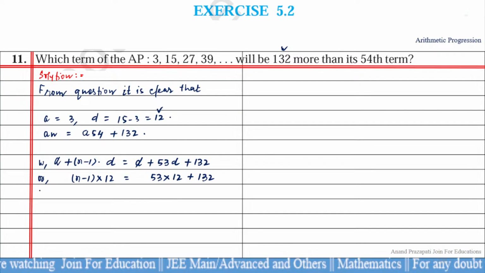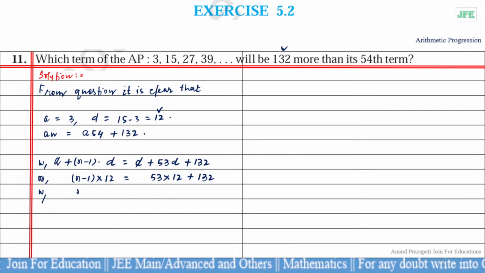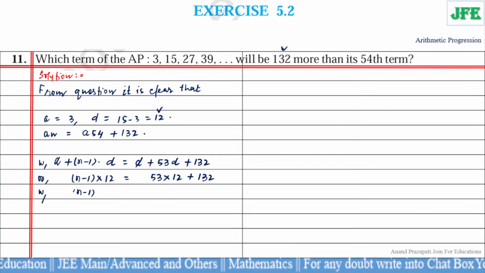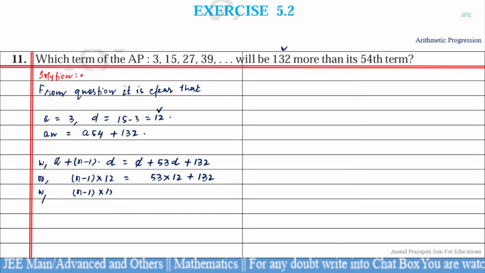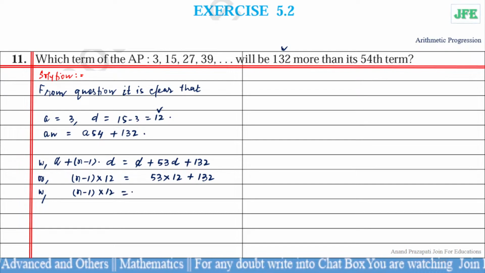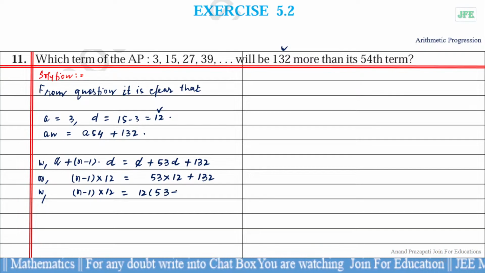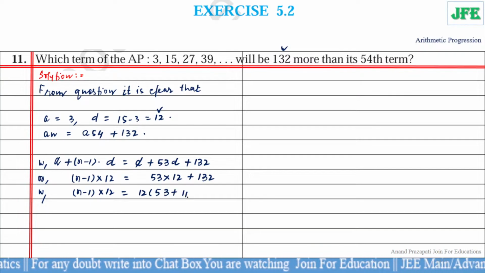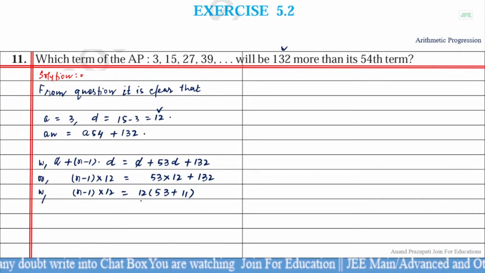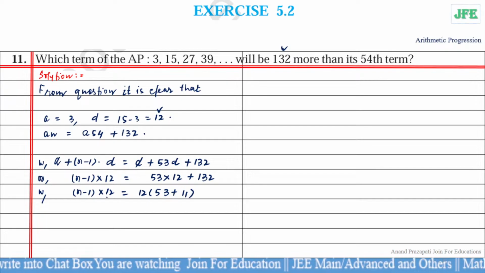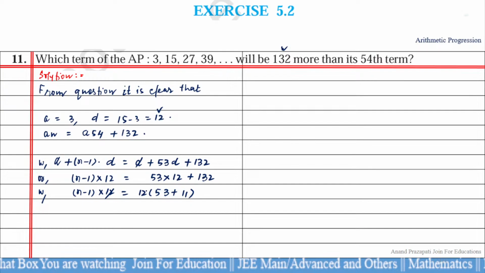So the next step will be (n minus 1) into 12 equals, we take 12 as common, then here will be 53 plus 11. Is there any problem understanding up to this step? We cancel out 12.